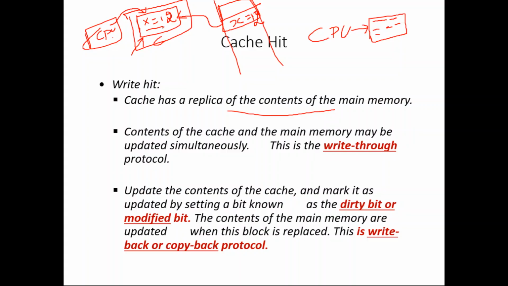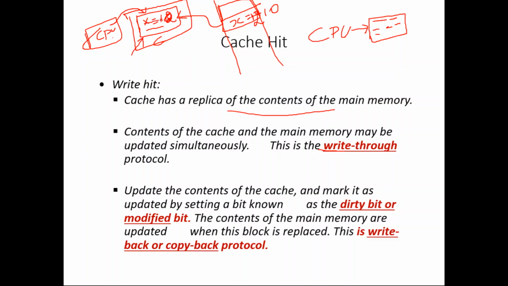Now how to perform the write? There are two ways. One is called the write through protocol. What does the write through protocol say? Originally this x is 10 in the cache memory, and main memory x is also 10. The write through protocol says that whenever you change the cache content, you should immediately change the content of the main memory also.